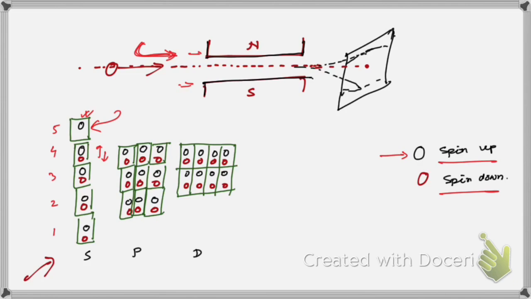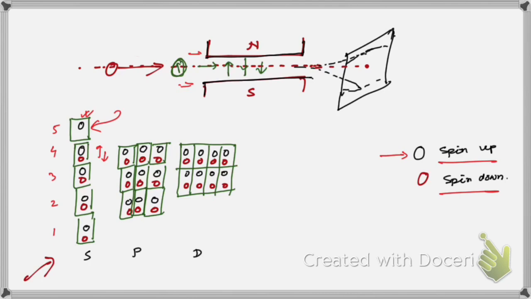When such an atom passes through this magnetic field, the direction of the spin will rearrange either in the direction of the magnetic field or in the opposite direction, depending on the orientation of the spin before it enters the field.